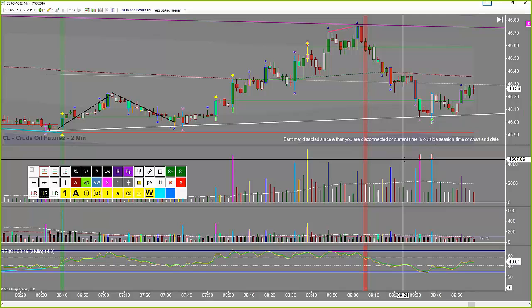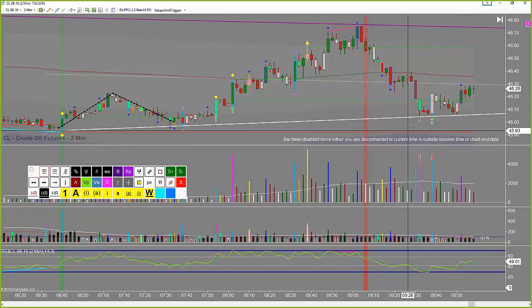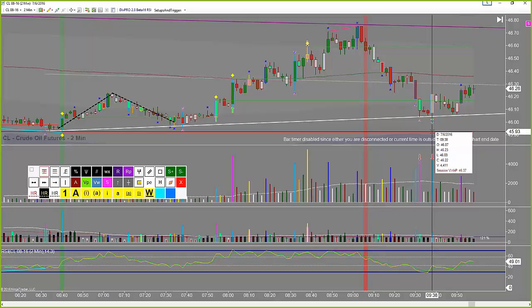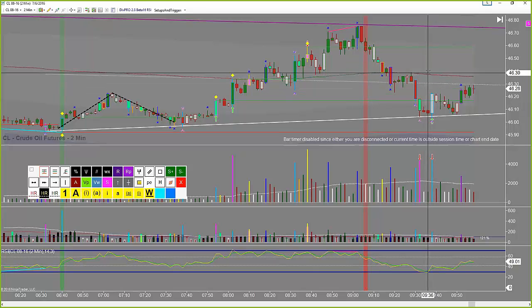Mark is asking, how do you turn on the info panel for the bar panel? You just hold down the middle mouse button, the middle mouse wheel. Just make sure you're not selecting anything on the chart.